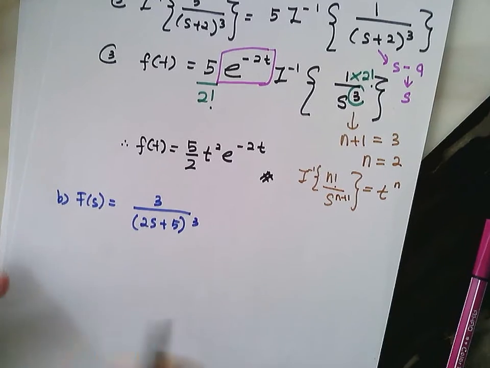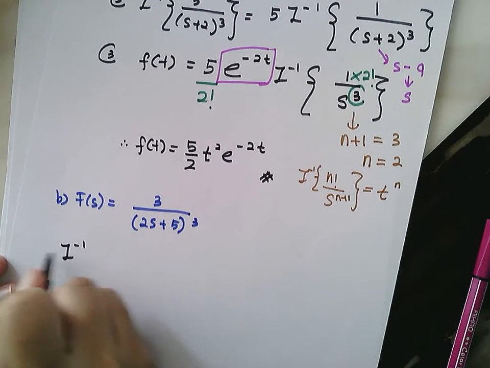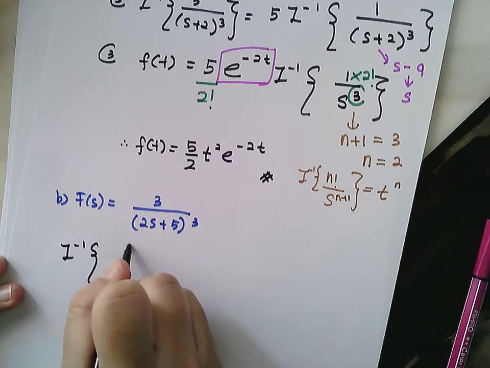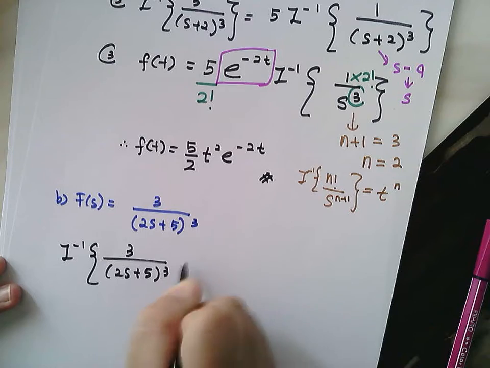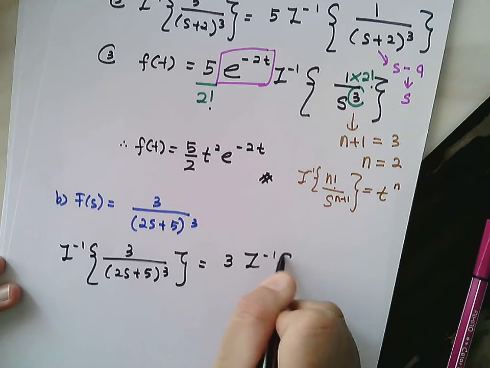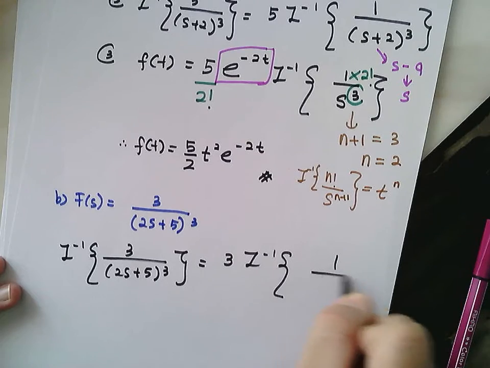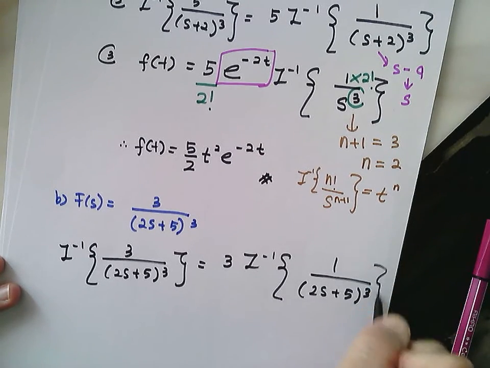So you will have the inverse of 3 over (2s plus 5) cubed is equal to 3 times the inverse Laplace of 1 over (2s plus 5) cubed.